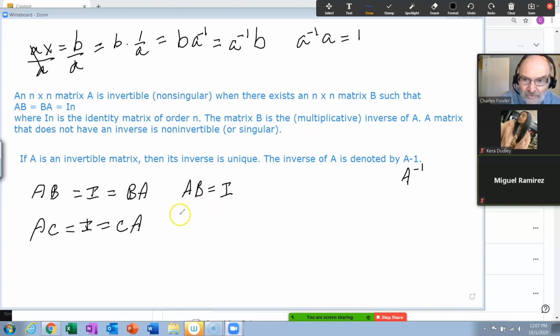And let's just multiply this by the matrix C. That means you multiply I times C. Now, because you can associate differently, this could be CA times B, and C times I is just C, because it's an identity matrix.